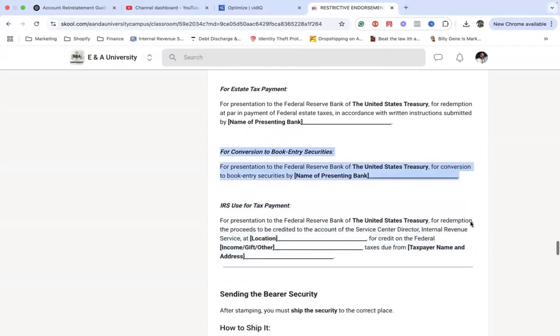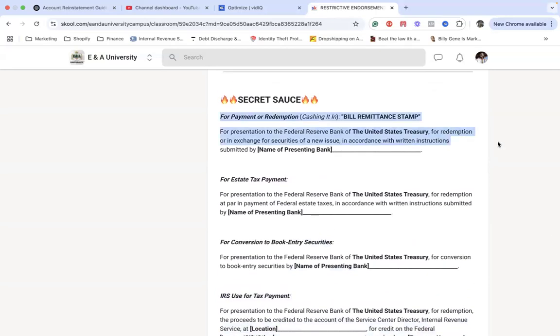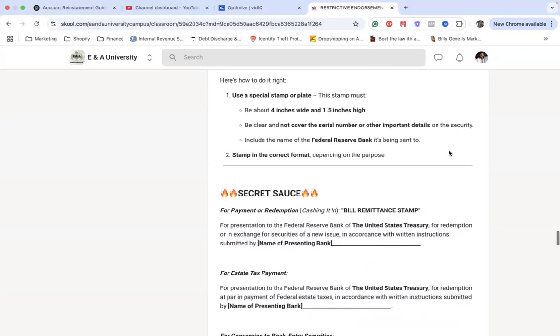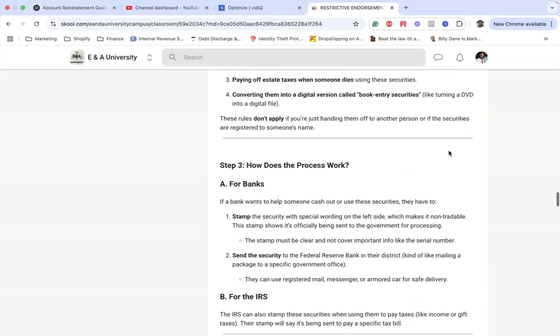So when I say you guys need stamps for every specific situation, in this case you will need to get a stamp for the restrictive endorsement that has these exact words in it. Okay. And I'll show you guys in a little bit where to get that, but I'm just trying to help you understand what I'm covering so far.